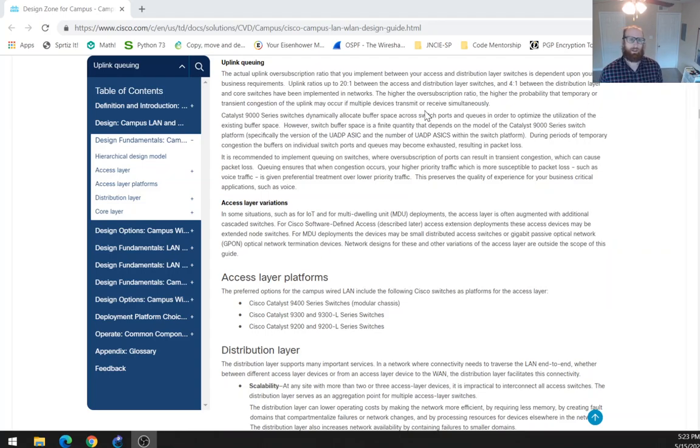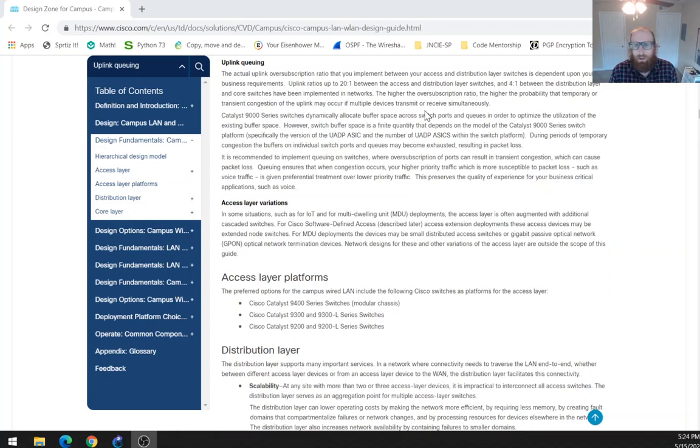Link queuing. The actual uplink oversubscription ratio that you implement between your access and distribution layer switches is dependent on your business requirements. Uplink ratios up to 20:1 between the access and distribution layer switches, where 1 is the uplink and 20 is the added together ports on the access layer, and 4:1 between the distribution layer and core switches have been implemented in networks.